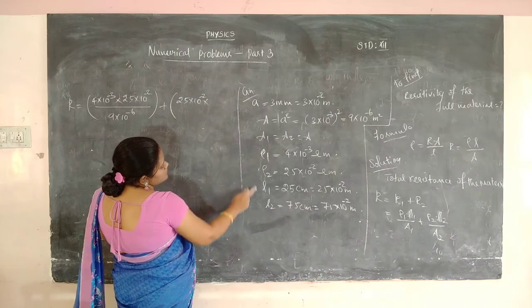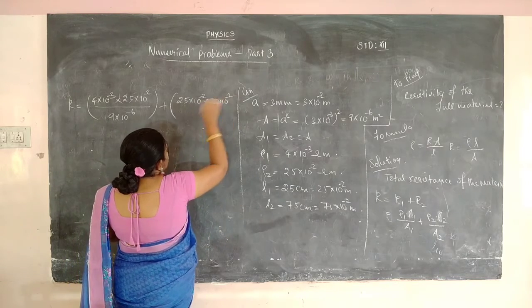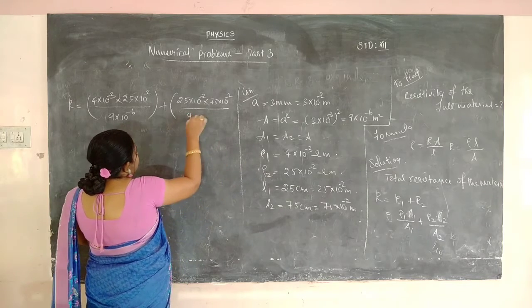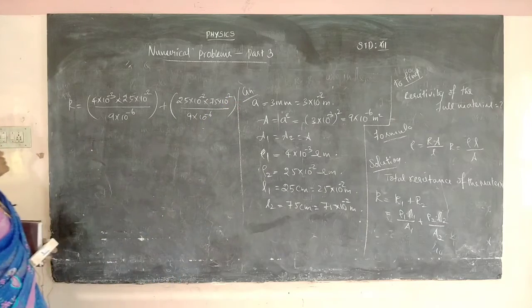What is the L2 value? 75 into 10 power minus 2 by A2, which is 9 into 10 power minus 6. Okay, so this is the value.